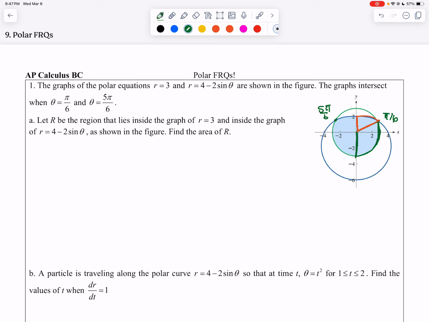So if I were to do from negative pi over 2 to pi over 6, I'm going to have 1/2 the integral from negative pi over 2 to pi over 6 of 4 minus 2... Nope, just kidding. That is actually in relation to my green circle right here. So that right here is going to be 3 squared, which is just going to be 9.